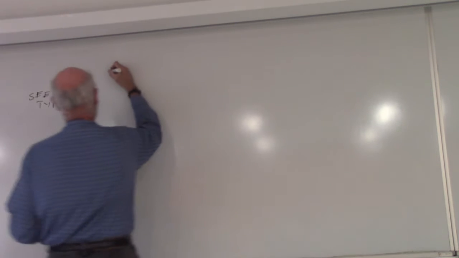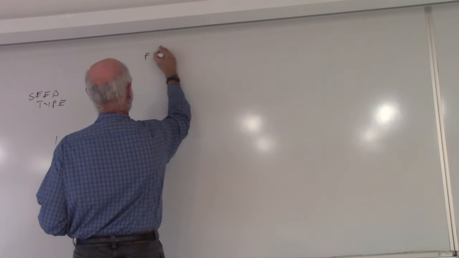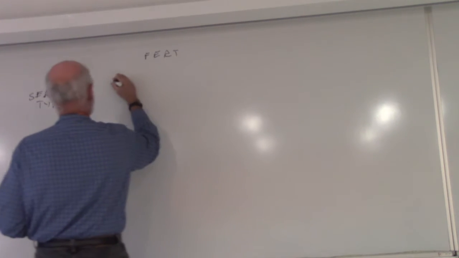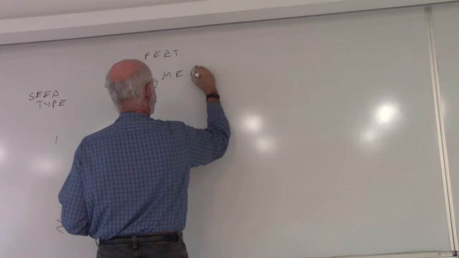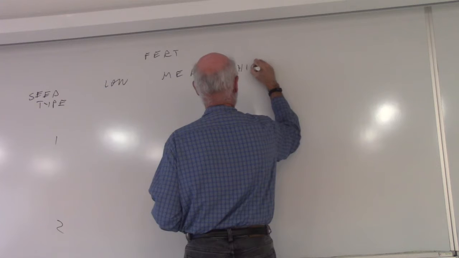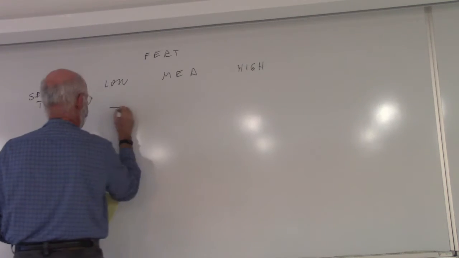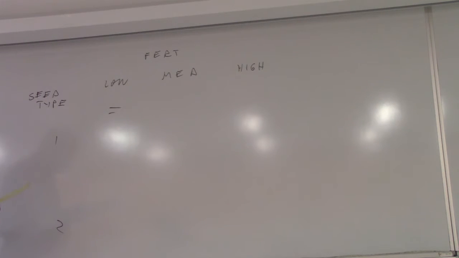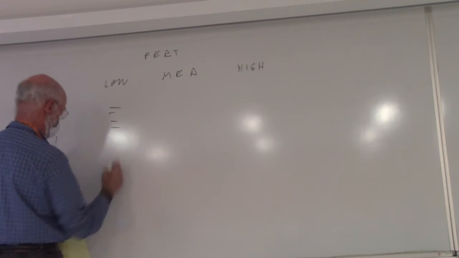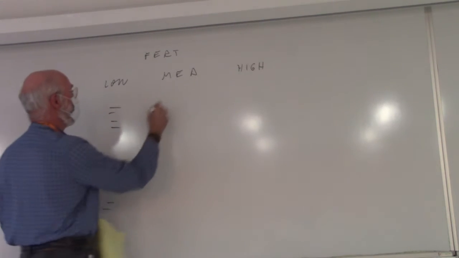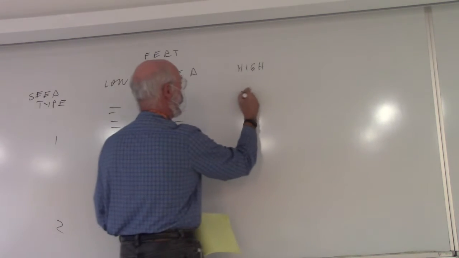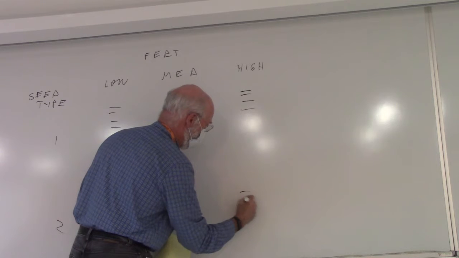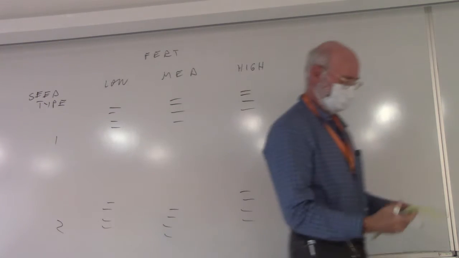And then there were 3 levels of fertilizer: low, medium, and high. And how many observations are there in each? 1, 2, 3, 4, in each of the six combinations.